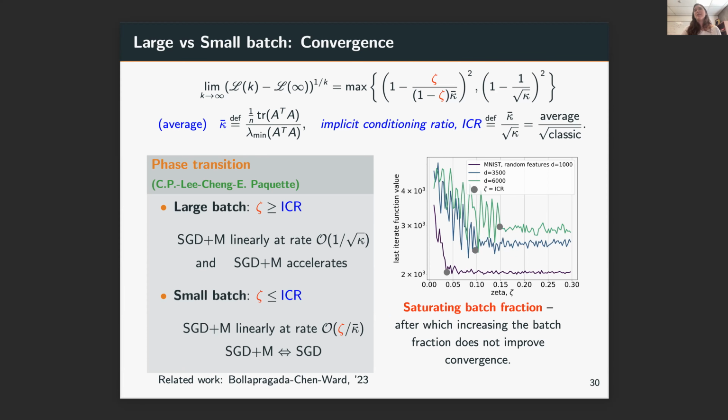It's completely determined. It stops moving. So that's what you see in this picture on real data. I'm varying the batch size, and I'm looking at what happens at the last iterate. And what you see here is that as you increase, there's a moment where all of a sudden the last iterate doesn't change very much, and that's because you reach the ICR.